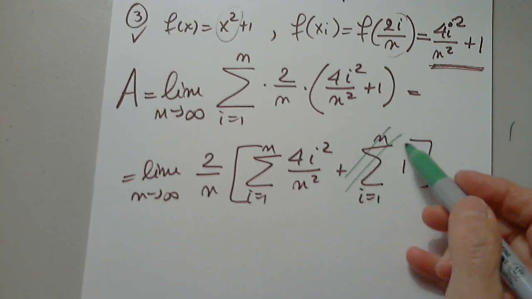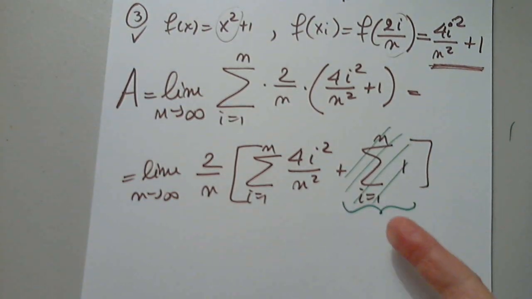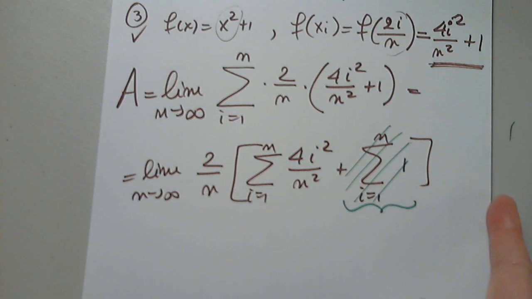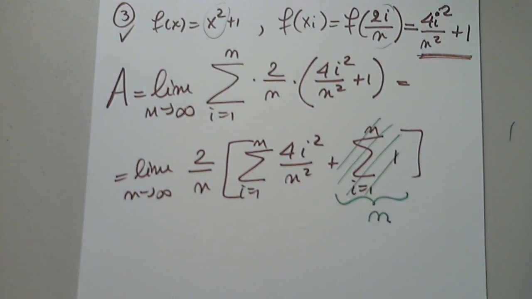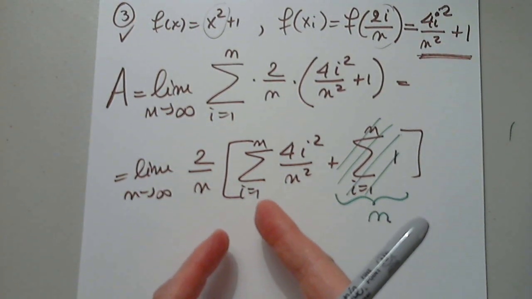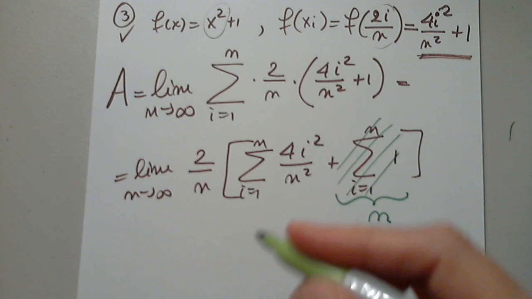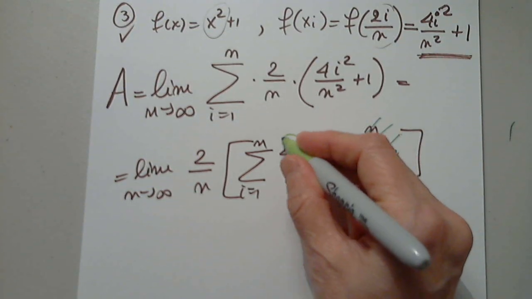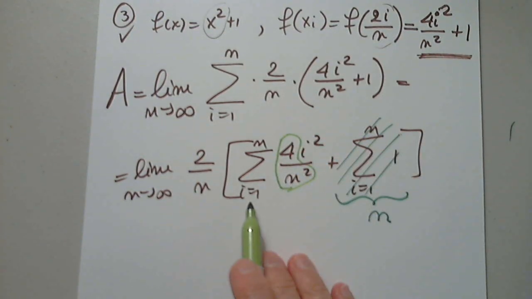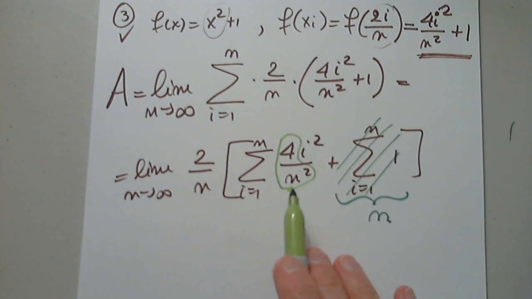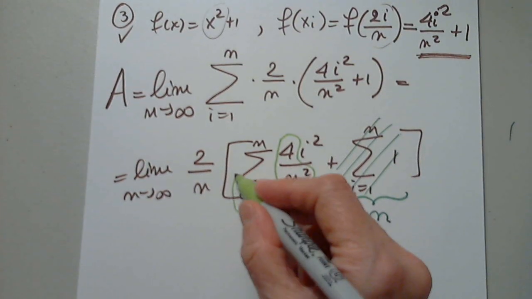This will immediately be replaced by how much? Exactly. And my target is to remove this quickly from there. Notice another thing here. This piece is a constant. It does not depend on I. It's 4 over n squared times I squared. It will go in front.